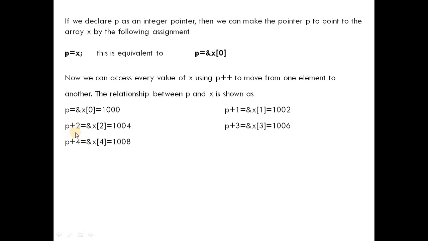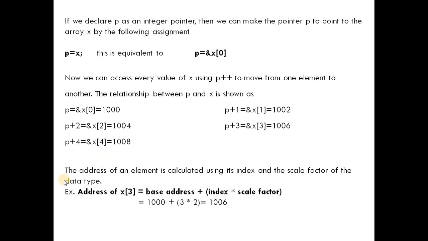When we do p+2, it becomes the address of the third element, which is 1004. Similarly for the fourth and fifth elements. The address of an element is calculated using its index and the scale factor of the data type. Scale factor is nothing but how many bytes are required to store one element in an array.